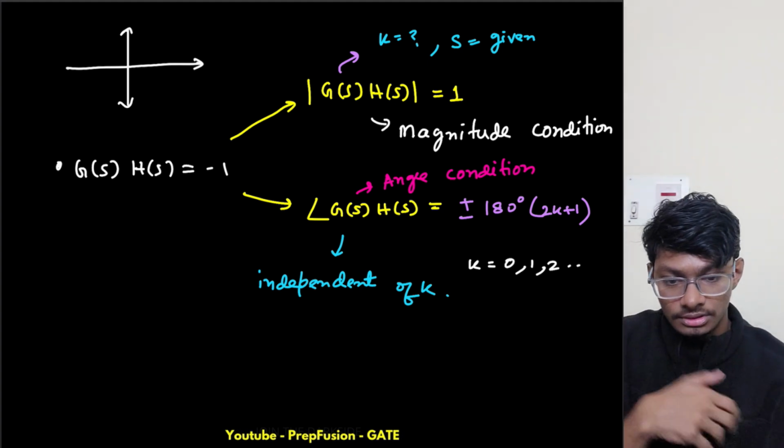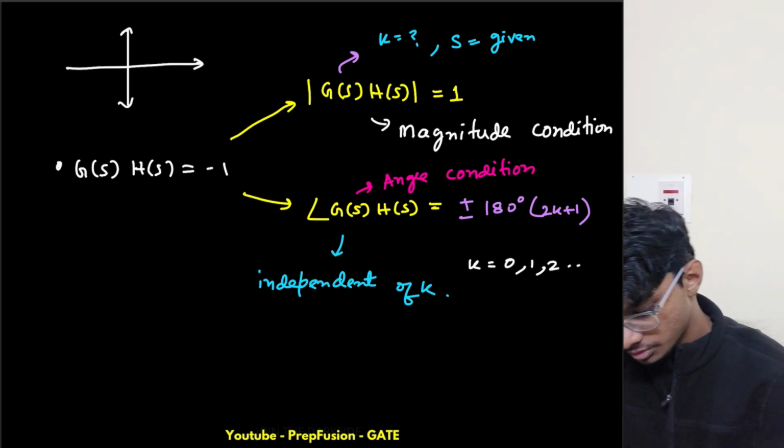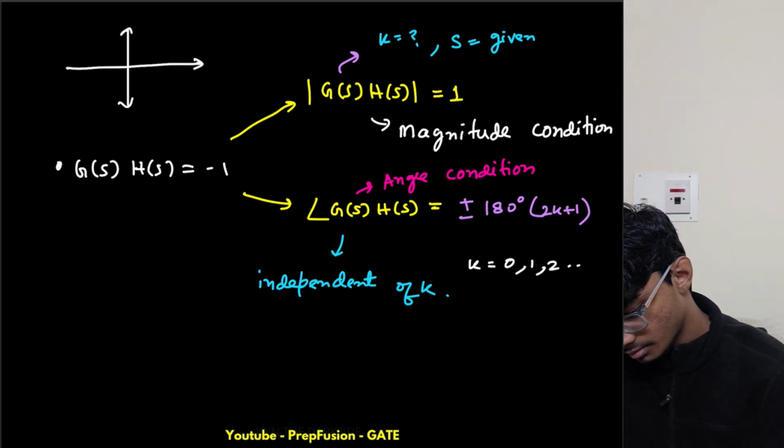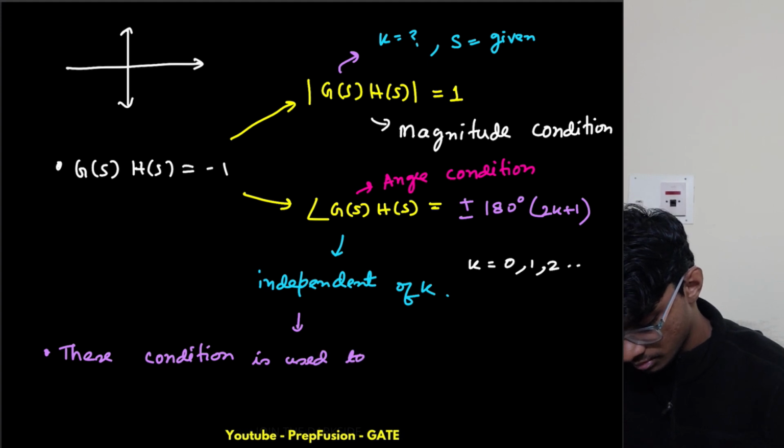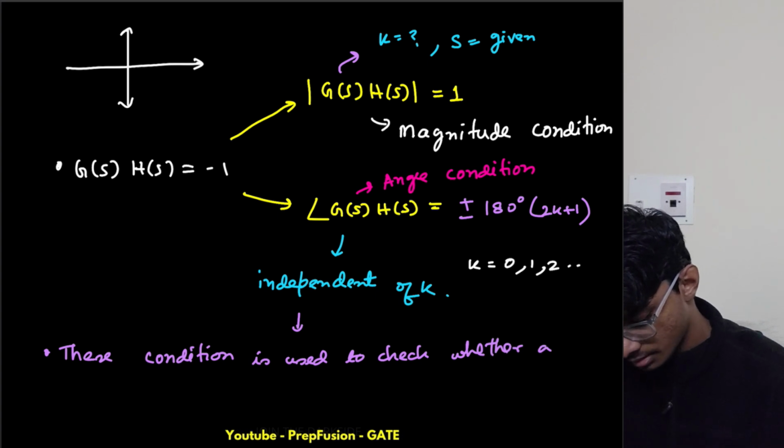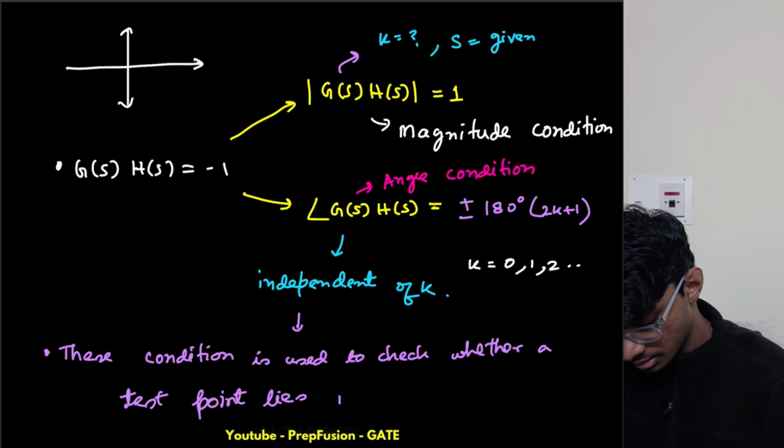So what is this used for? This condition is used to check whether a test point lies on the root locus or not.